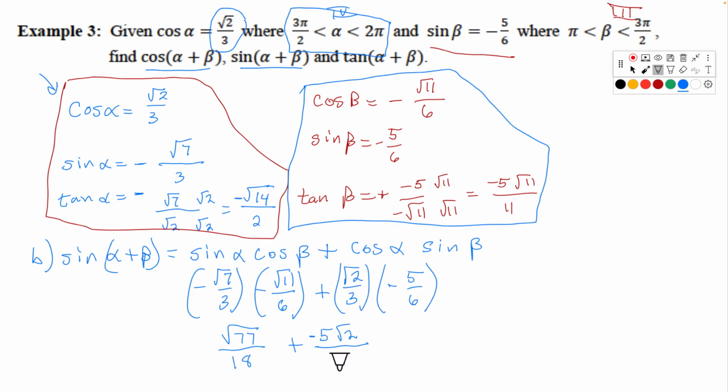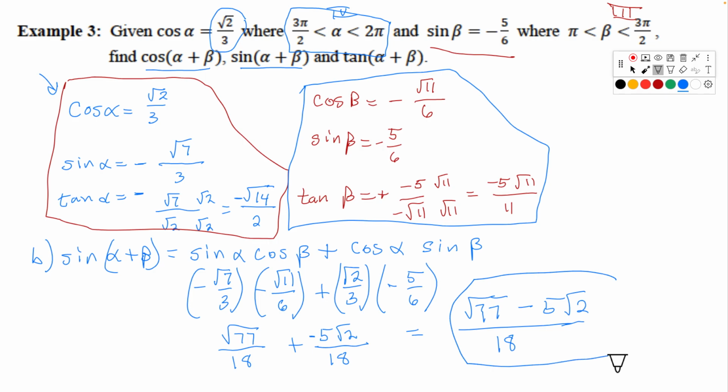And then 3 times 6 is 18. Again, we're very happy we have a common denominator, so we can now write it as one fraction over 18, and we can do square root of 77 minus 5 square root of 2. And again, they wanted the exact values, so that is it.